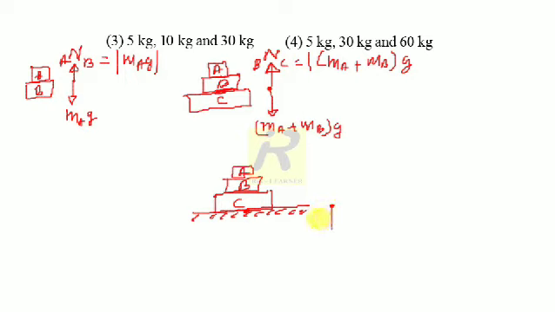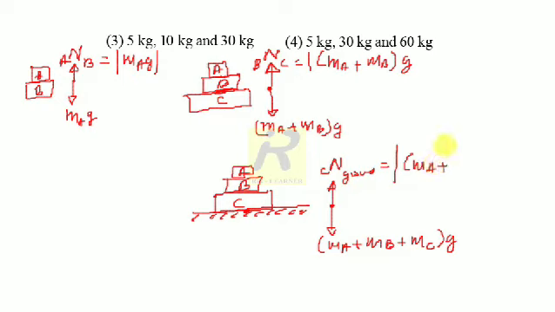Weight of all the blocks will act on ground. So that is the sum of these masses multiplied by G. And the normal reaction on C due to ground is like this. So this is equal to the magnitude of MA plus MB plus MC multiplied by G. So this is the situation.